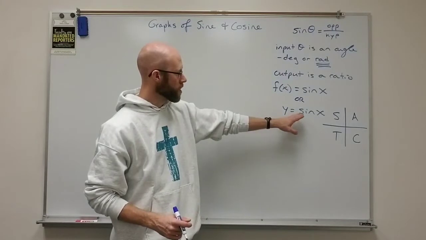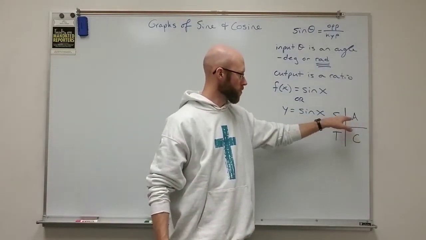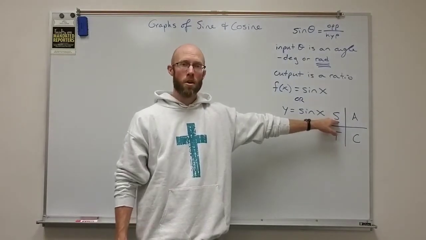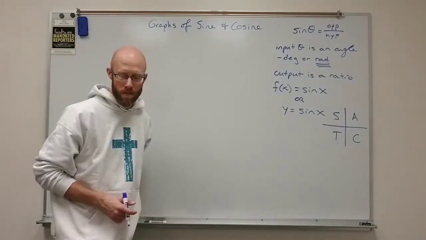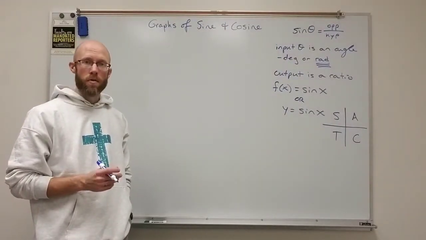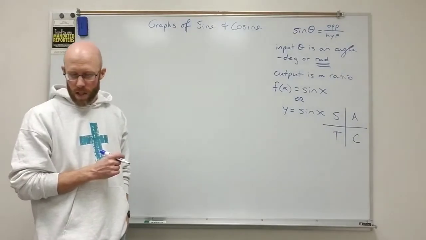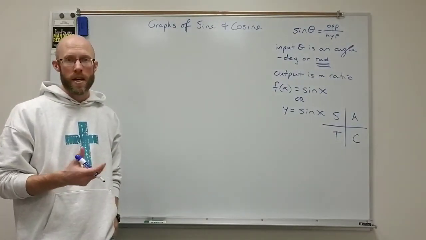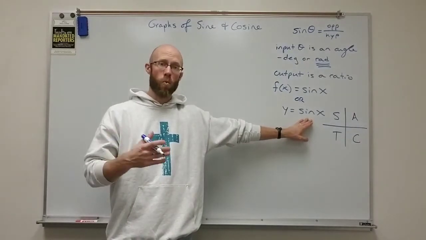Okay, so we know that information there about the sign of the trig functions, so that the sine is positive in both the first and second quadrants, but negative in the third and fourth quadrants. We also have seen from the unit circle discussion before that the sine value, sine of x, is always between -1 and 1.